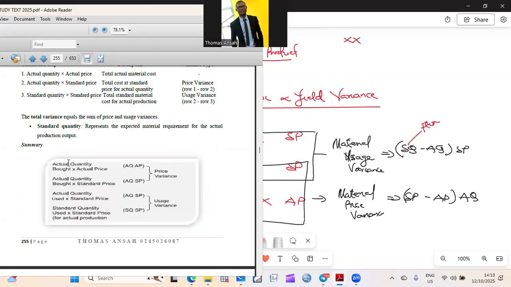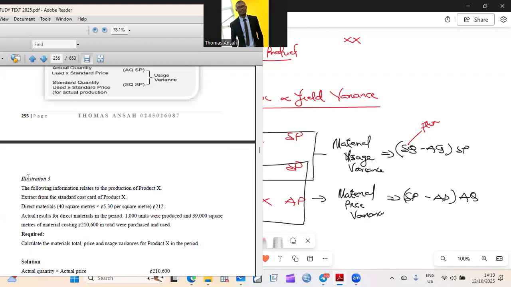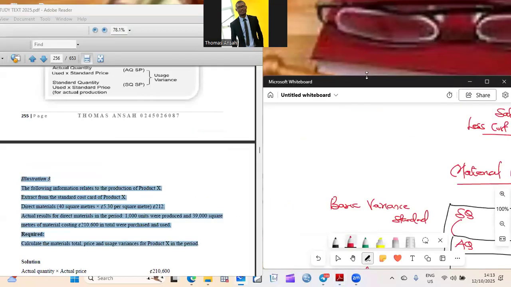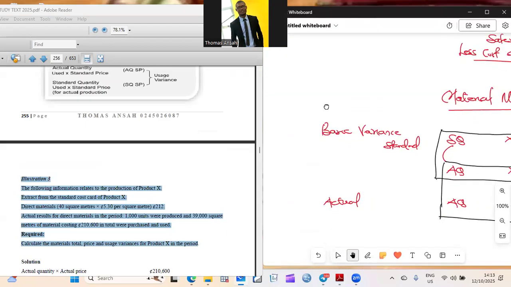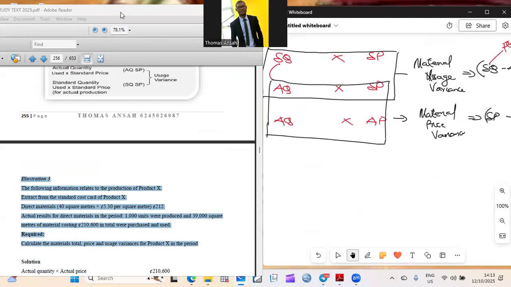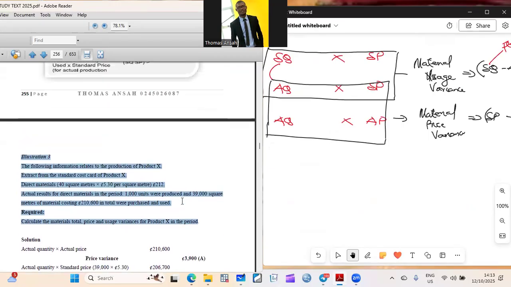You are coming to solve this question for me. Which one is that? Yeah, this illustration 3. All right, so everyone get to work. Solve this one in the context of this formula that we have done. I want to see if you remember. So this is the question.